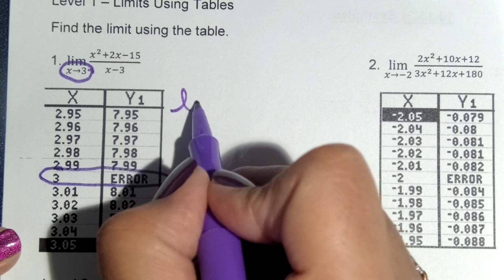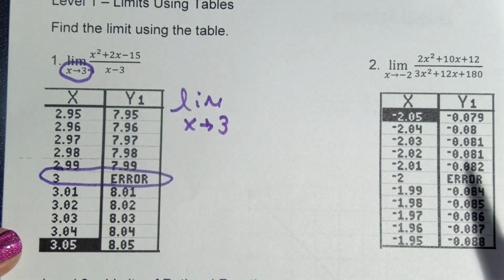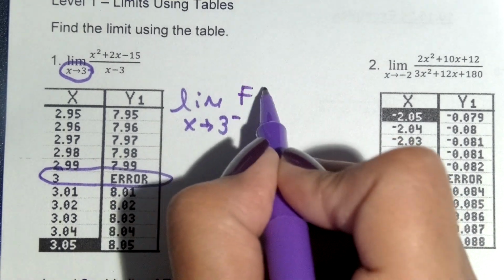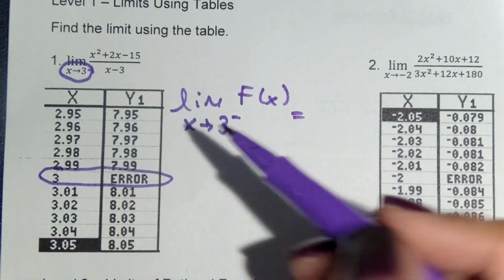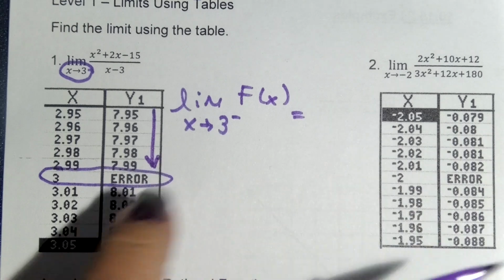So we need the limit as x approaches 3 from which side first? From the left. Okay? So we're looking this way.